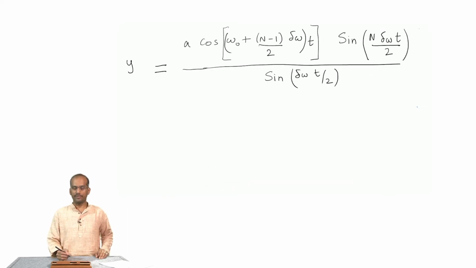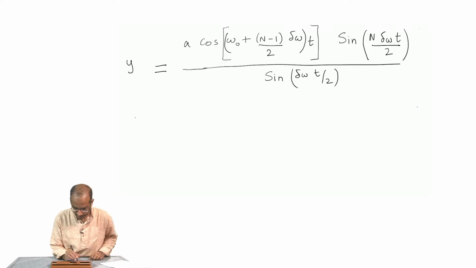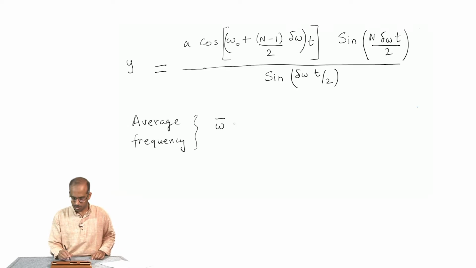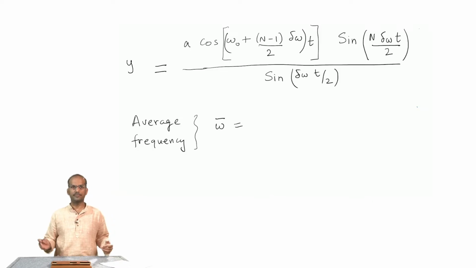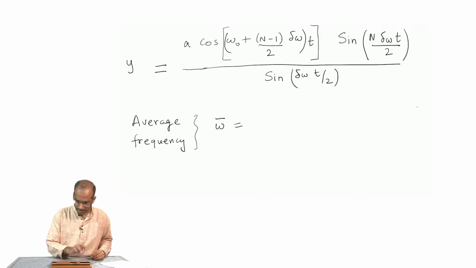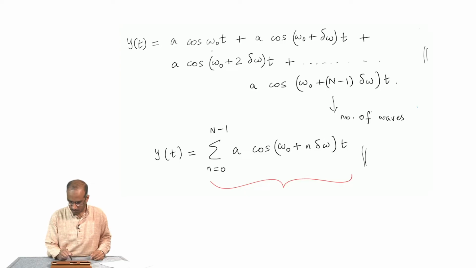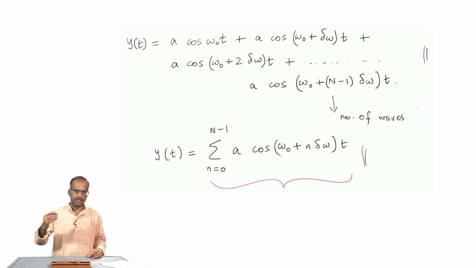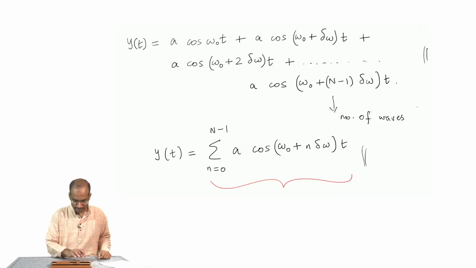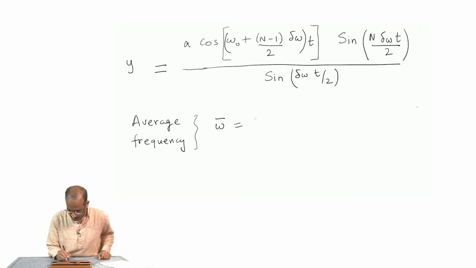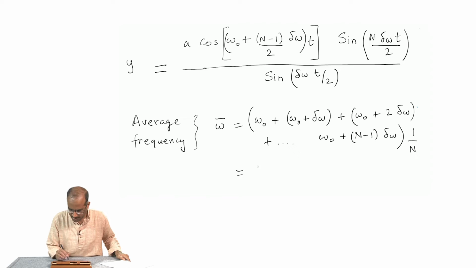Now, let us define an average frequency, omega bar, which should simply be the sum of all the frequencies divided by n. So you have omega 0, then omega 0 plus delta omega, and so on until omega 0 plus n minus 1 into delta omega, and there are n of these. So you divide by n. This can be easily simplified.